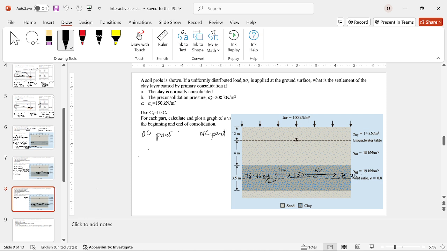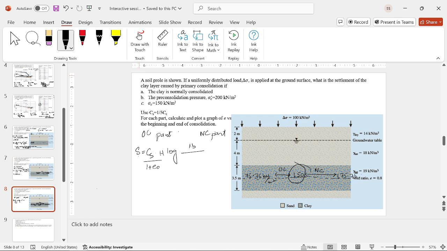Okay, so for the OC part, settlement will be Cs over 1 plus e naught, H, log of, initial is 75.75 and you want to reach up to 150.